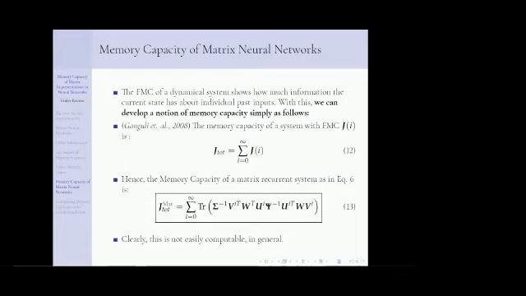Now, can we calculate this? The answer is no. It's extremely difficult to calculate this. Why is it extremely difficult? Well, first of all, you have an infinite sum of scalars. Second of all, you have the trace of a matrix, which is very complicated.